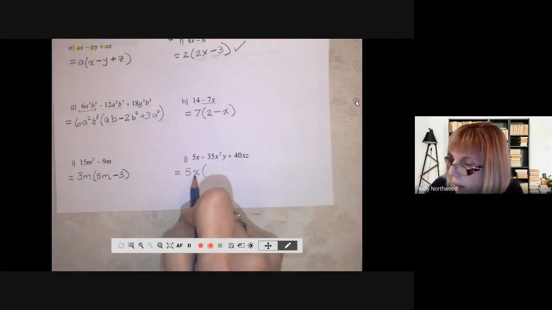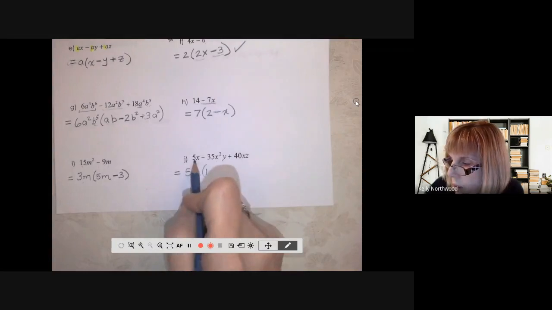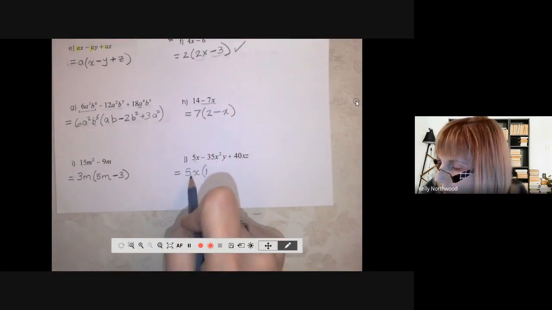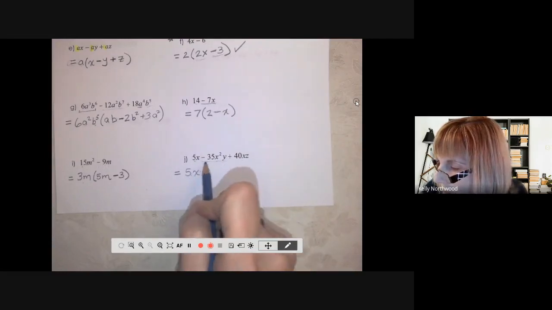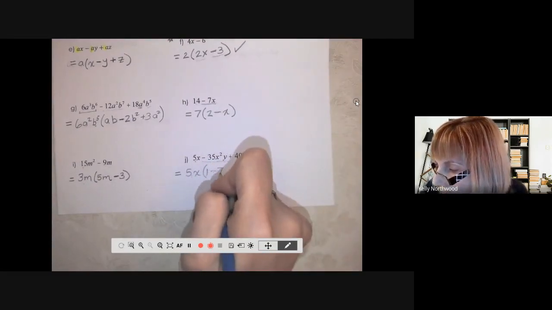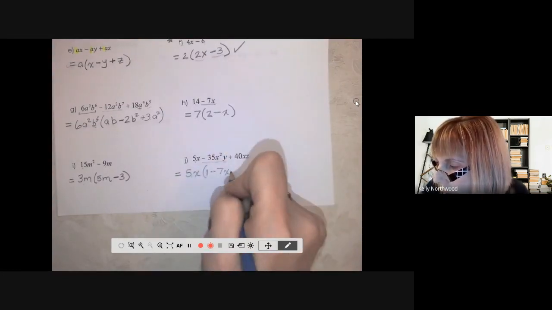What do I multiply 5x by to get itself? A 1. 5x times 1 is 5x. What do I multiply 5x by to get negative 35x squared y? Negative 7x, because x times x is x squared, y.